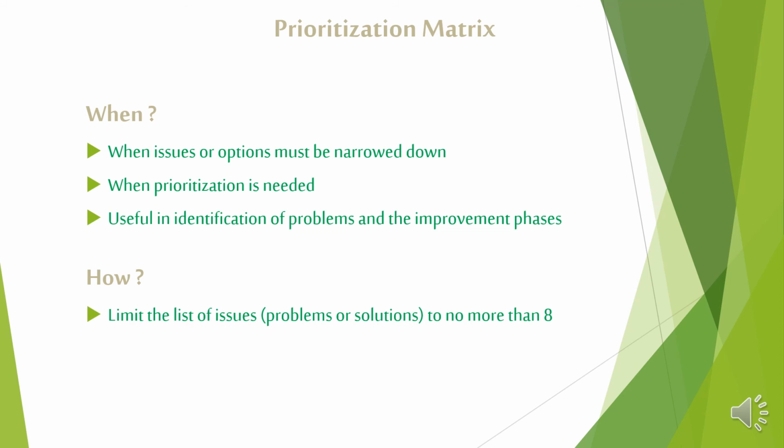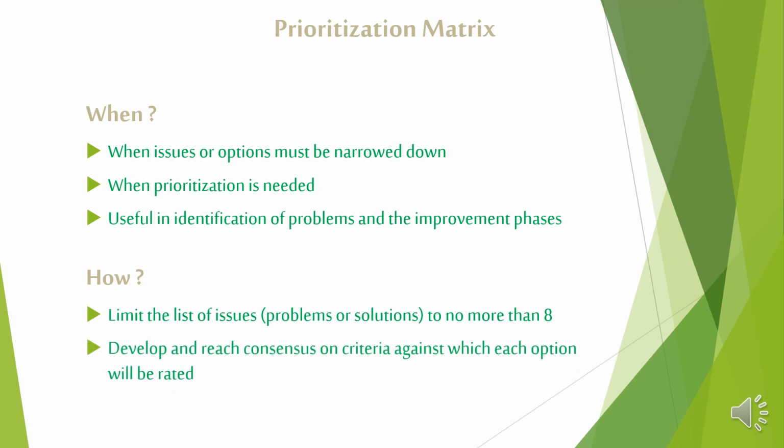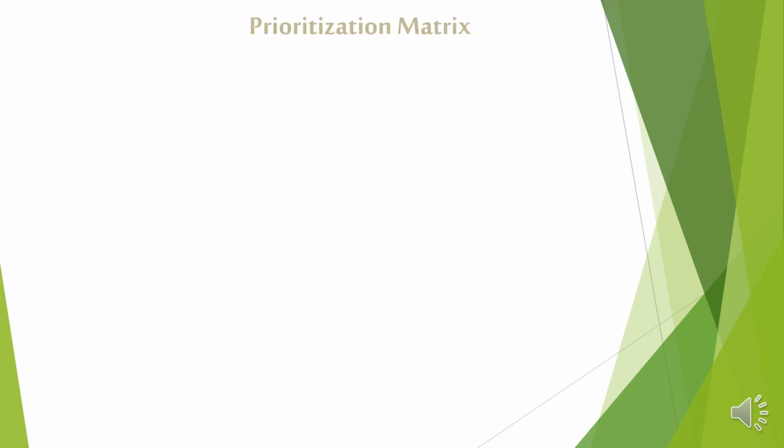Limit the list of issues, problems, or solutions to no more than 8. Make them 8 causes or 8 solutions. Develop and reach consensus on criteria against which each option will be rated. Rate them according to criteria, not according to your mood or your mind, but according to fixed established criteria.